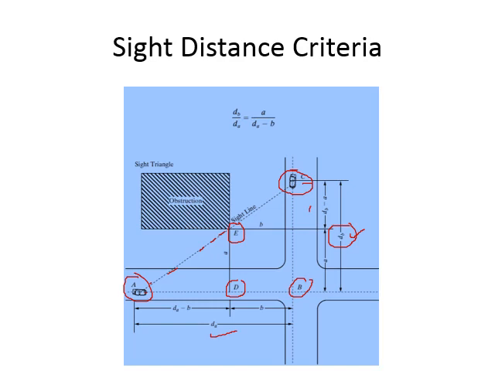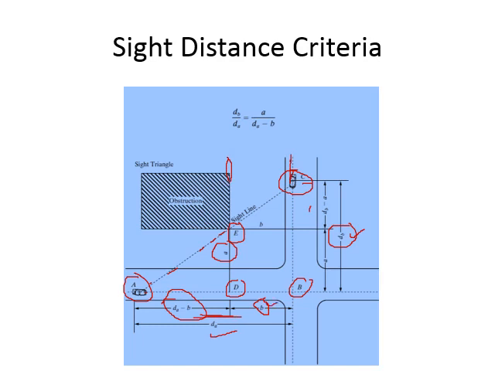And for triangle AED, the perpendicular is A, and the base is DA minus B. The total distance is DA, and the distance from the vehicle on road B to the obstruction is B. So the remaining distance is DA minus B. B is the distance from this vehicle to the obstruction, so this total distance was DA, and then you subtract B from it.